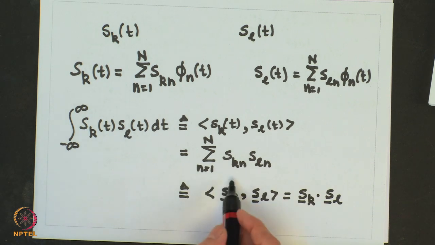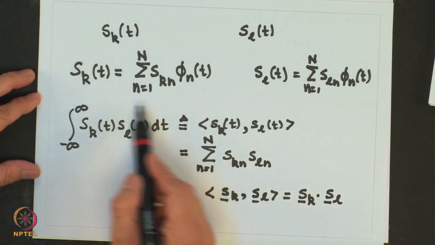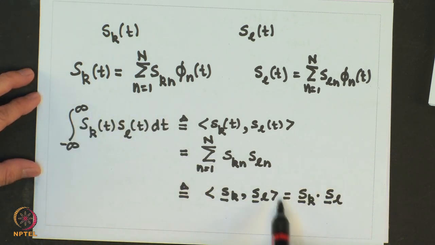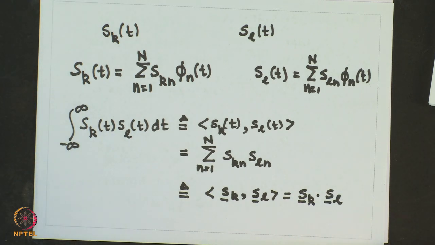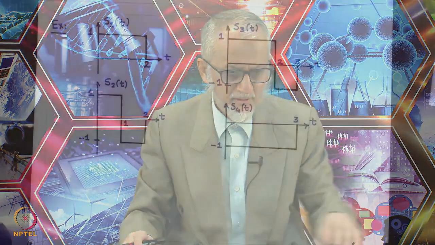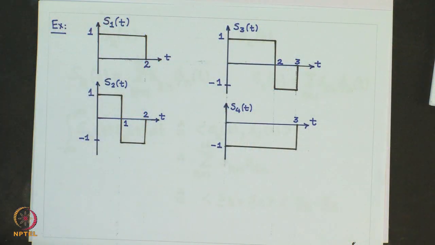So, what this shows is that the inner product of two signals is equal to the inner product of the corresponding vectors, okay.